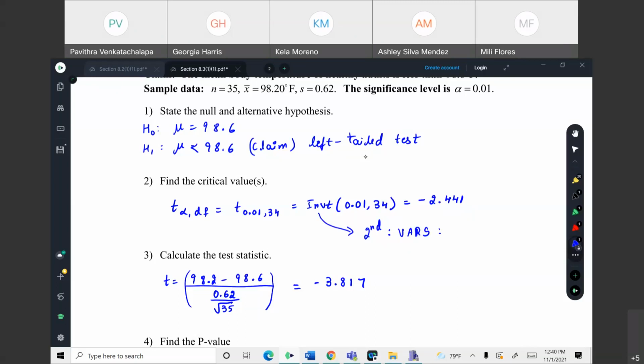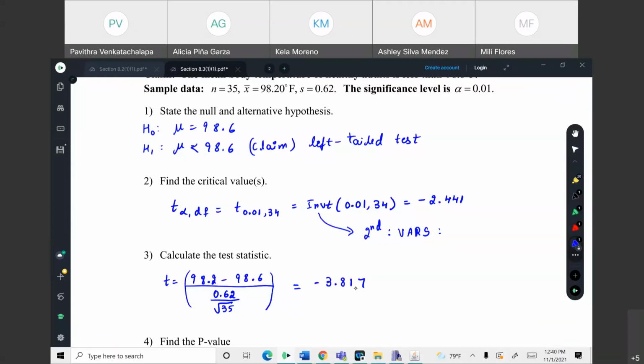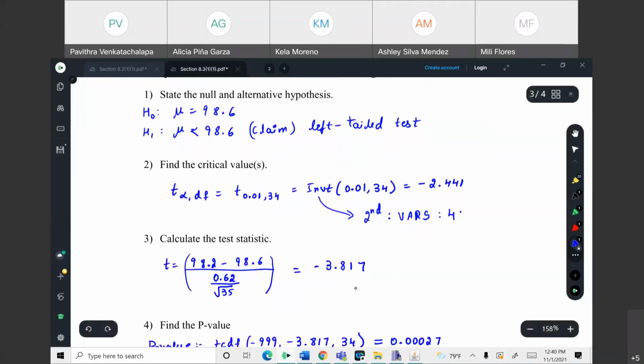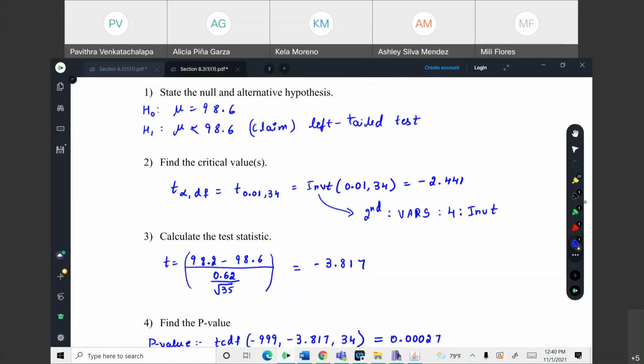I'm looking for it and I don't see it. Yeah, so where did you find the inverse t in your calculator? Okay, it's number 4. You find inverse t. Because it just says TPDF, so it doesn't have the inverse in front of it. So I just wanted to make sure that that's the right one.